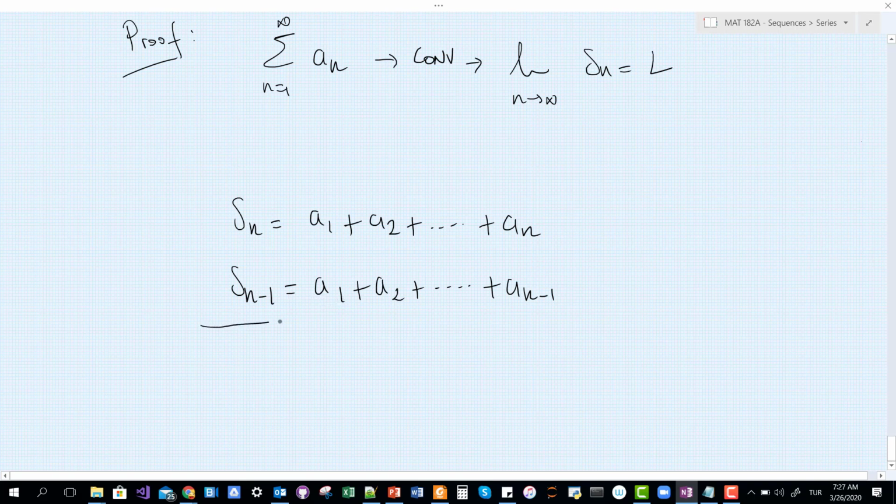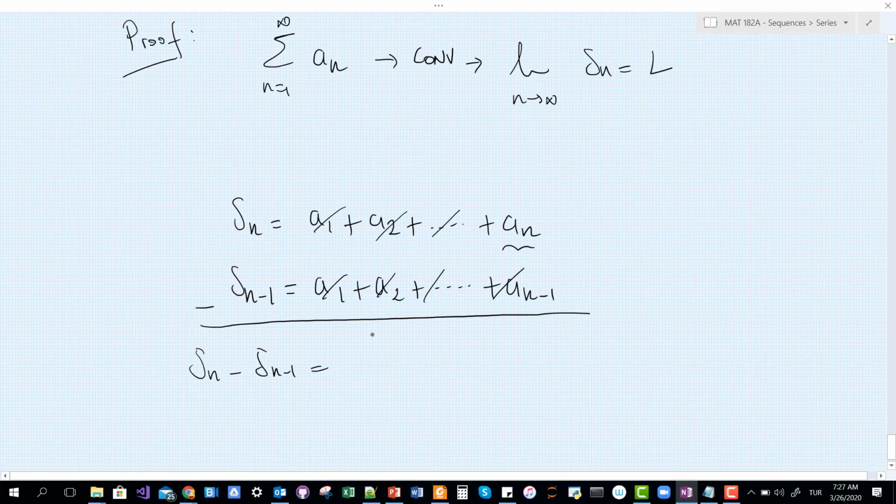What I will do, guys, is subtract them. If I subtract them, Sn minus S(n-1) is going to be equal to, as you see, they will all go away except this term, a_n. Great.